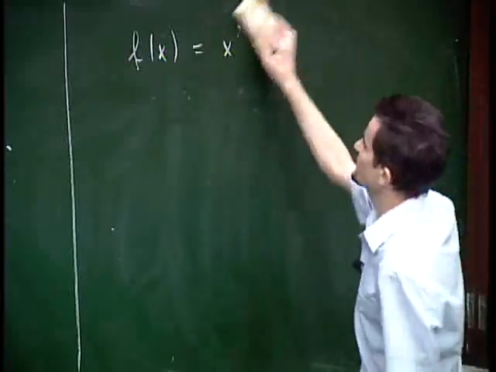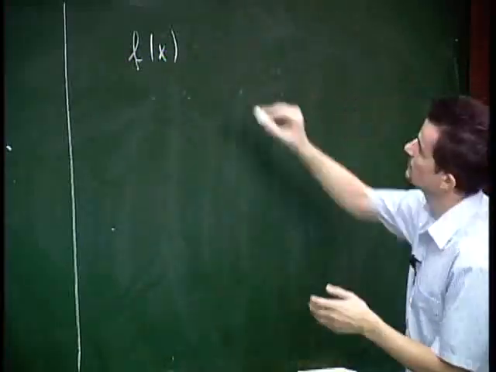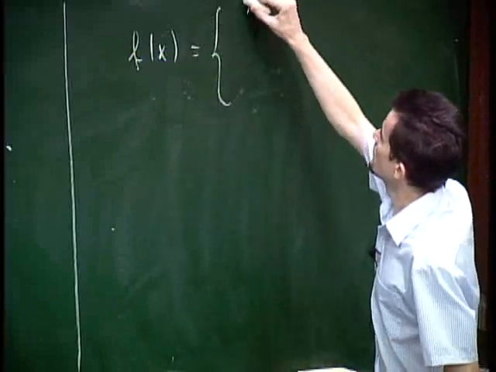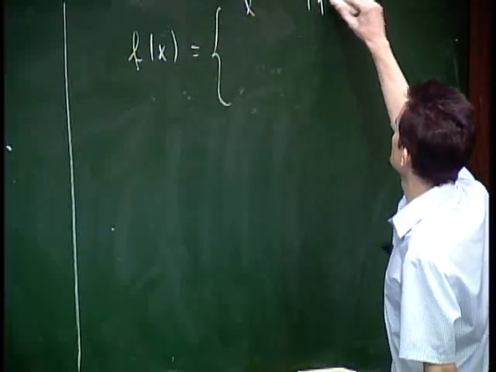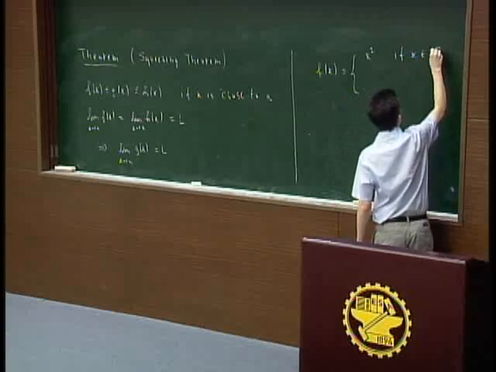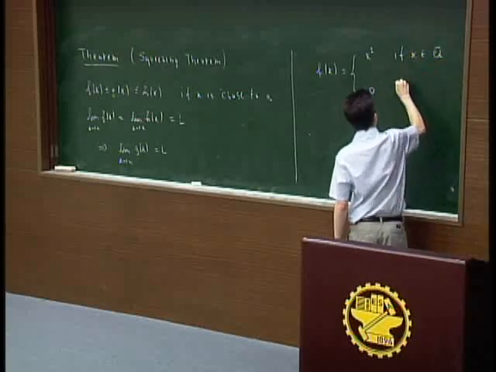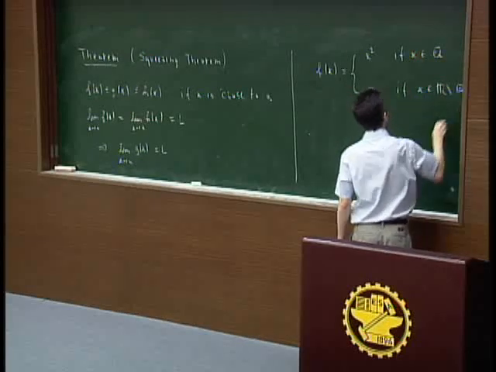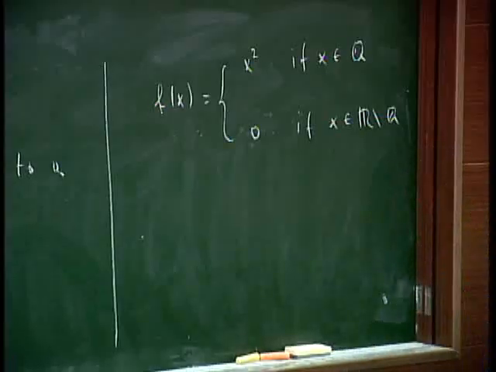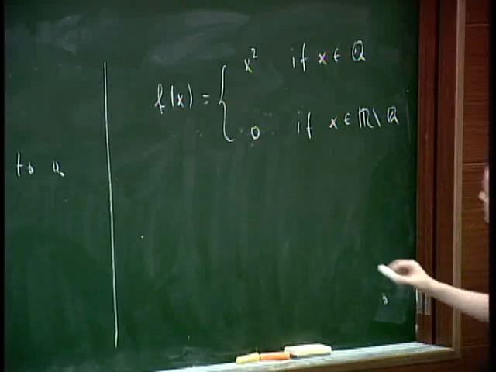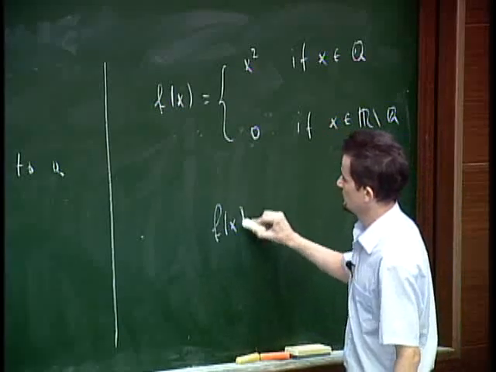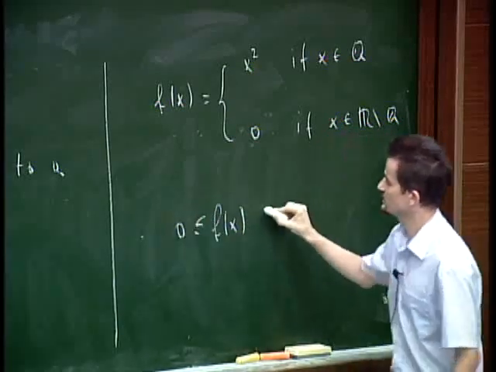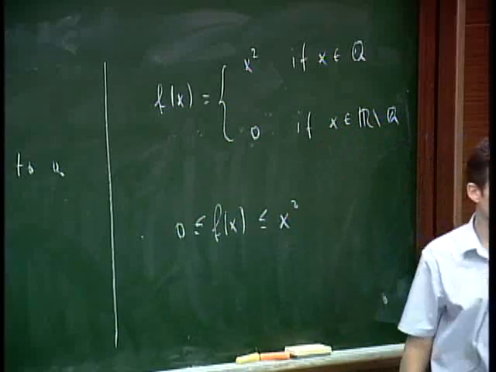Now, actually, the result can also be applied on this function. We proved that the limit of f of x as x tends to 0 is equal to 0 by using the epsilon delta definition. Another way would be, you see that f of x obviously is larger or equal than 0 and smaller or equal than x squared.